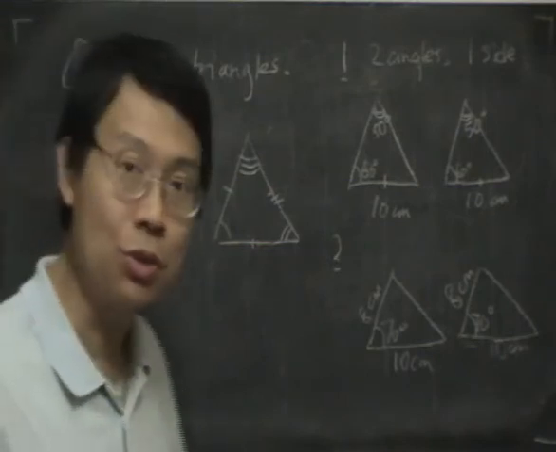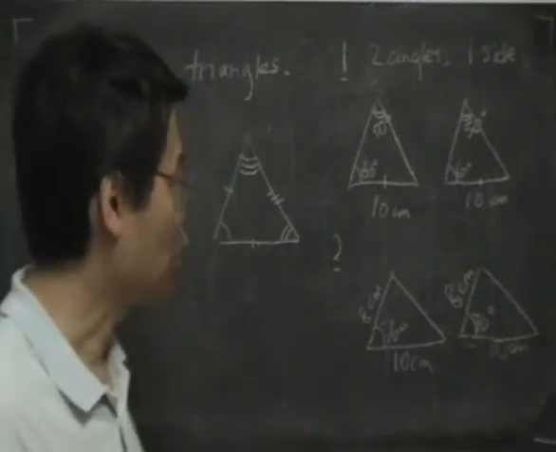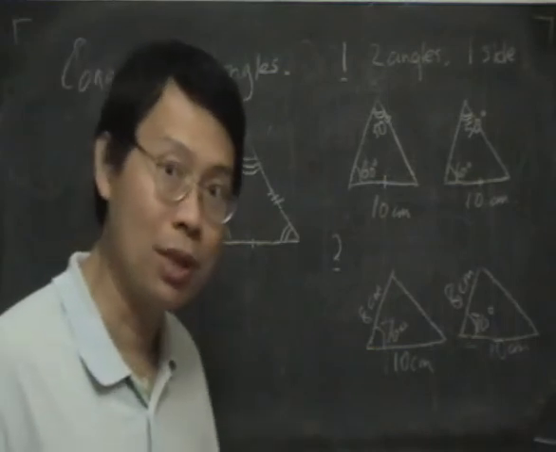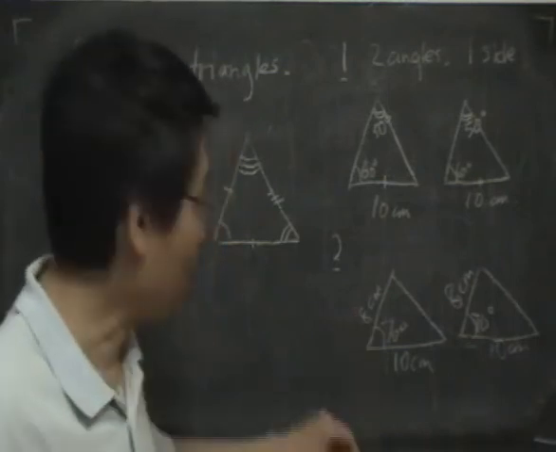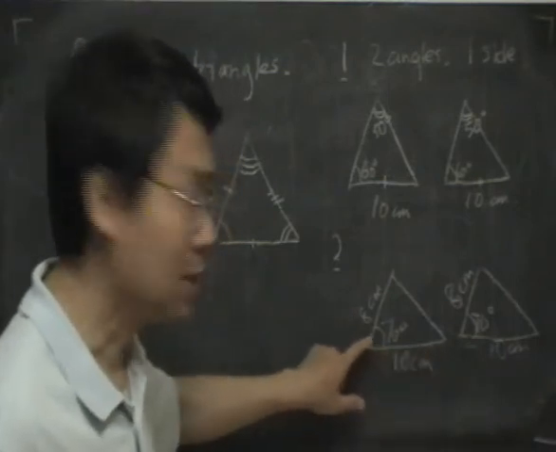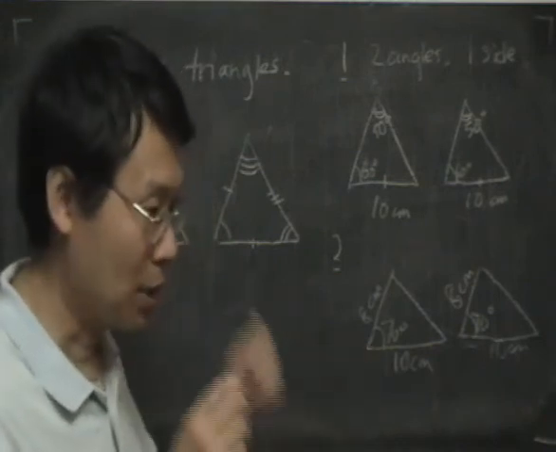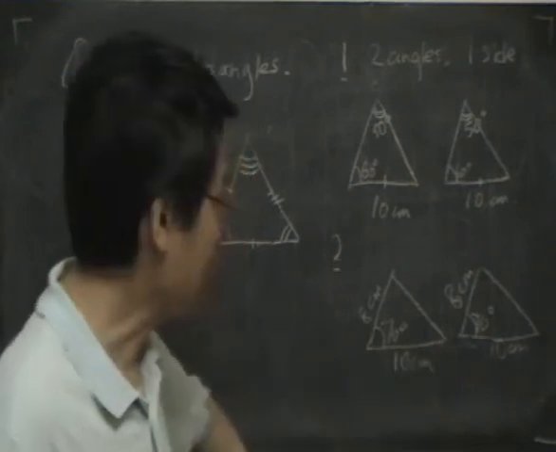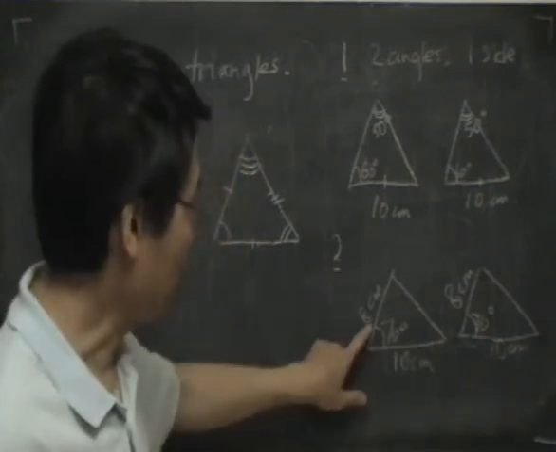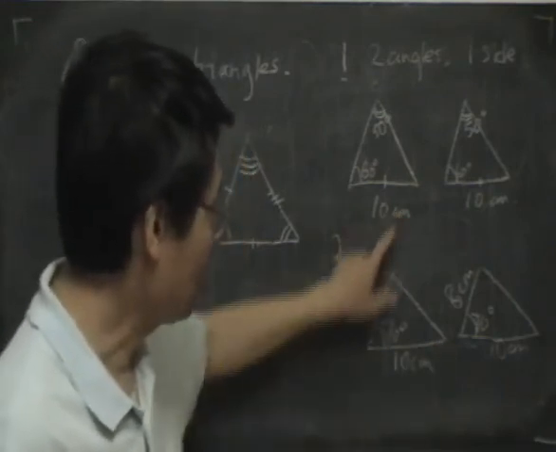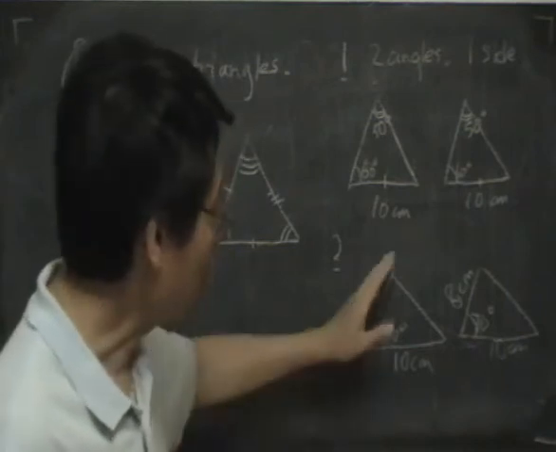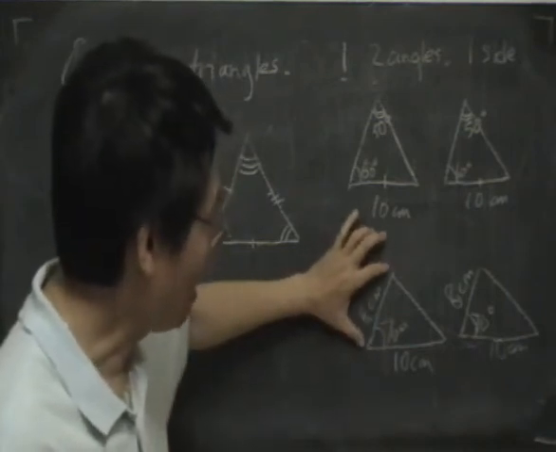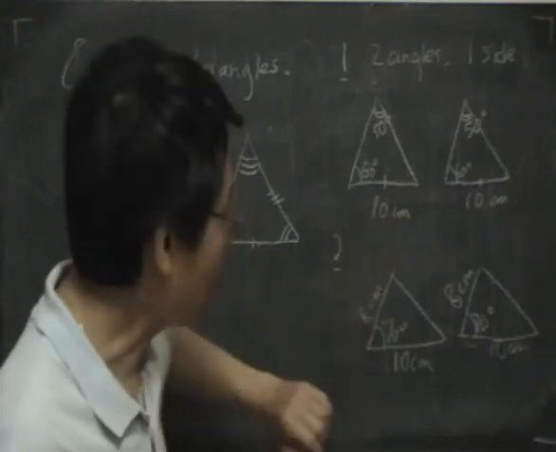So you can imagine yourself taking a ruler and a protractor and a piece of paper and a pencil and trying to draw this triangle with a base of 10 cm. You take a ruler and pencil and draw this line, measure out to 10 cm, and then take a protractor to measure out 70 degrees, and along this line you use your ruler to mark out the 8 cm length.